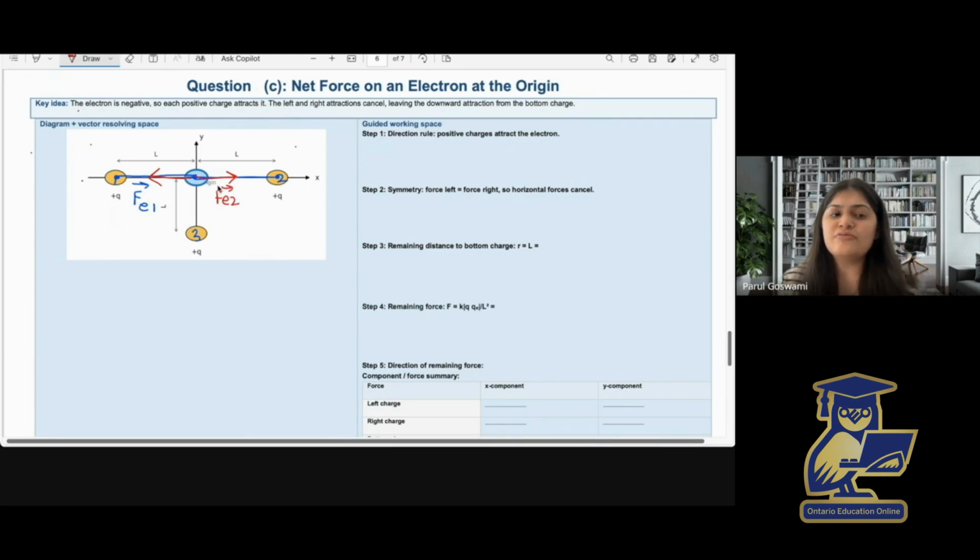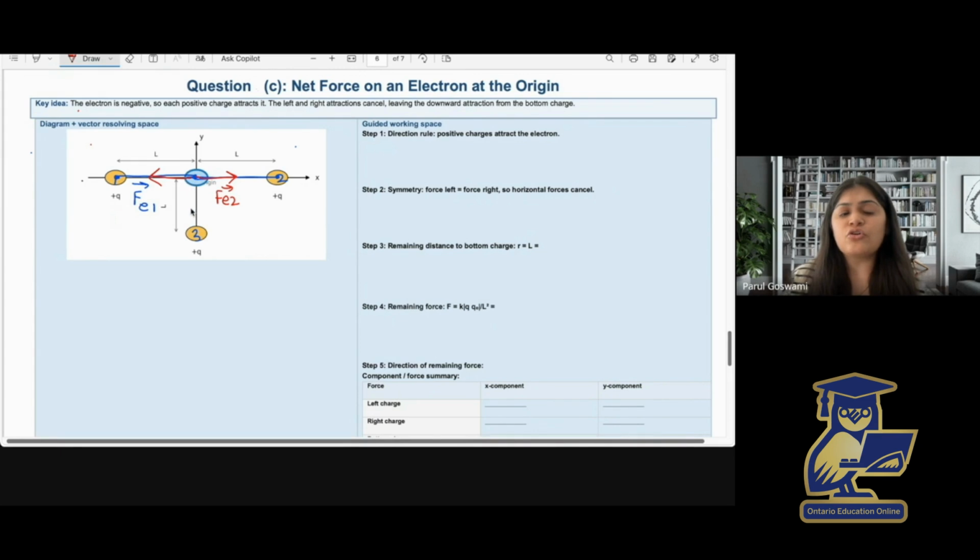Again, you can see the force on the electron due to charge 1 and due to charge 2 are going to have the same magnitude, because the charges under consideration, charge Q and the electron, are the same for both forces, and the distance is again the same, which is L in each case.